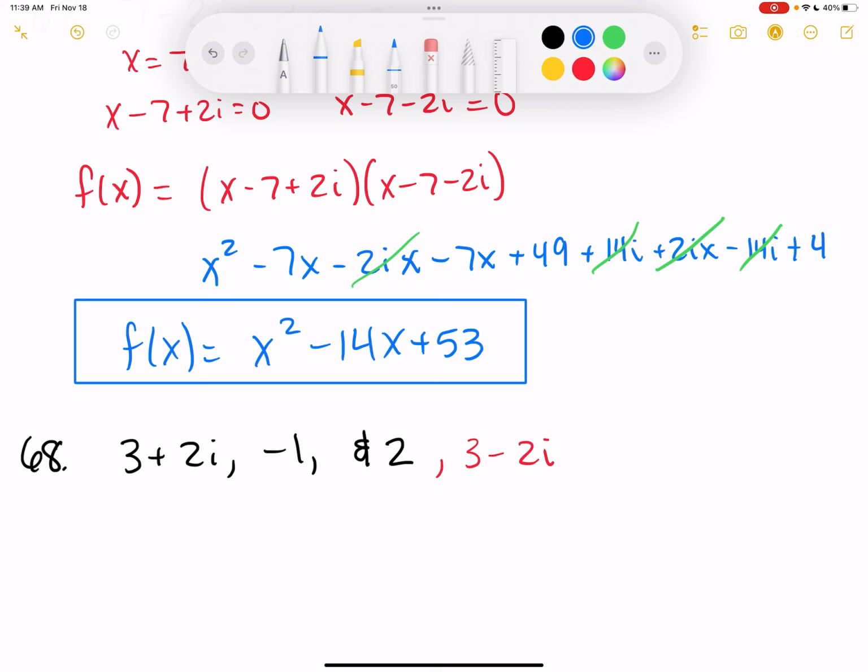I'm going to make them factors. Add the 1 over, x plus 1, subtract the 2, x minus 2, and then subtract the 3, add the 2i, so x minus 3 plus 2i. I would put the i's ones together and multiply those, and then multiply the x plus 1 and the x minus 2 together.